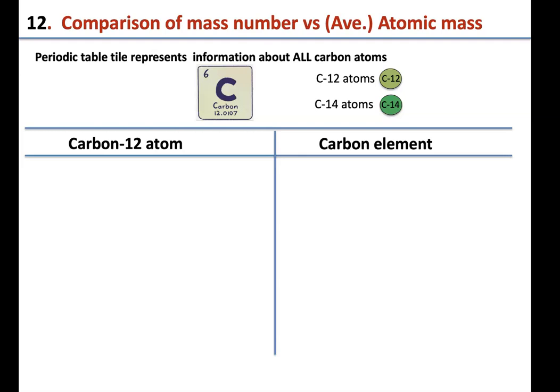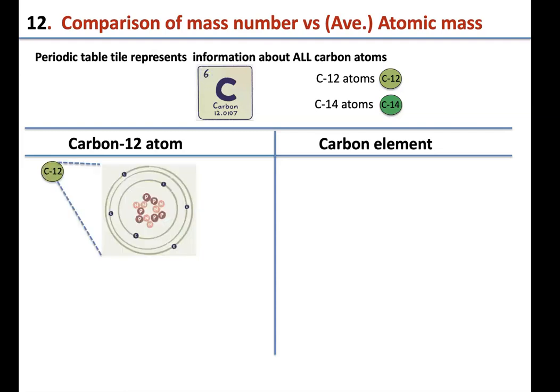So quickly, let's compare mass number versus average atomic mass. If you get a periodic tile for carbon, it's based on the two most abundant isotopes of carbon, which is C12 and C14. This is the average mass of all of these atoms in a naturally occurring sample, and 6 is the number of protons in all carbon atoms.